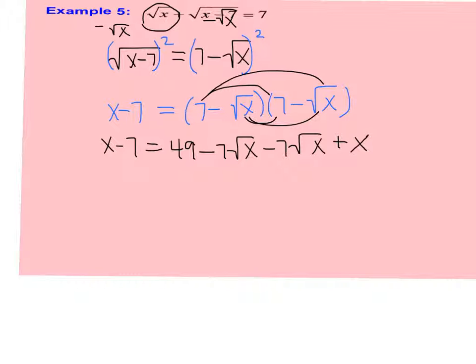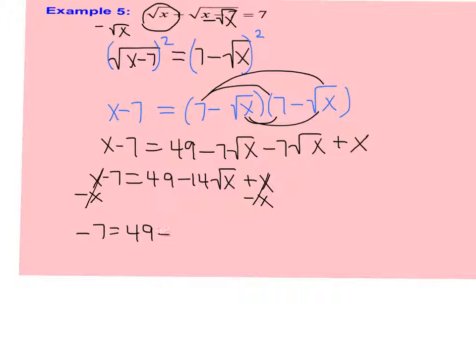Okay? So let's combine some like terms here. So I have x minus 7 equals 49 minus 14 root x. Those are like terms. Plus x. I can see if I subtract x from both sides of the equation, that will subtract to 0. So I get negative 7 is 49 minus 14 root x.